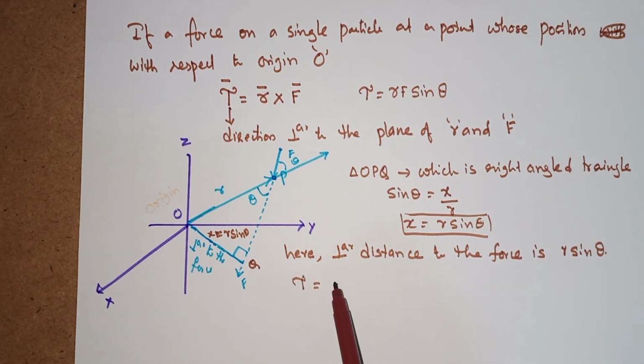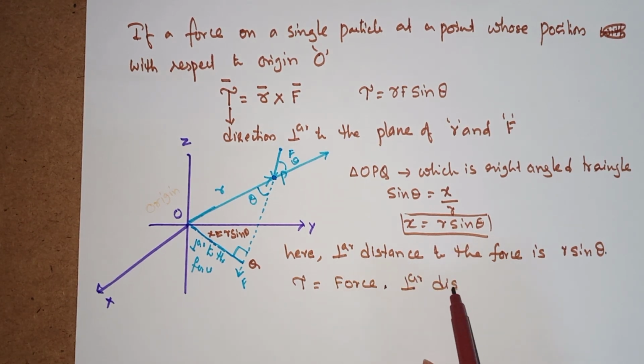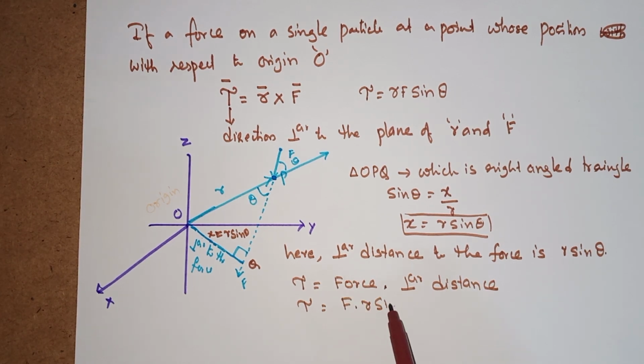Torque is equal to force into perpendicular distance. So tau is equal to F into r sin theta, so tau is equal to r f sin theta.